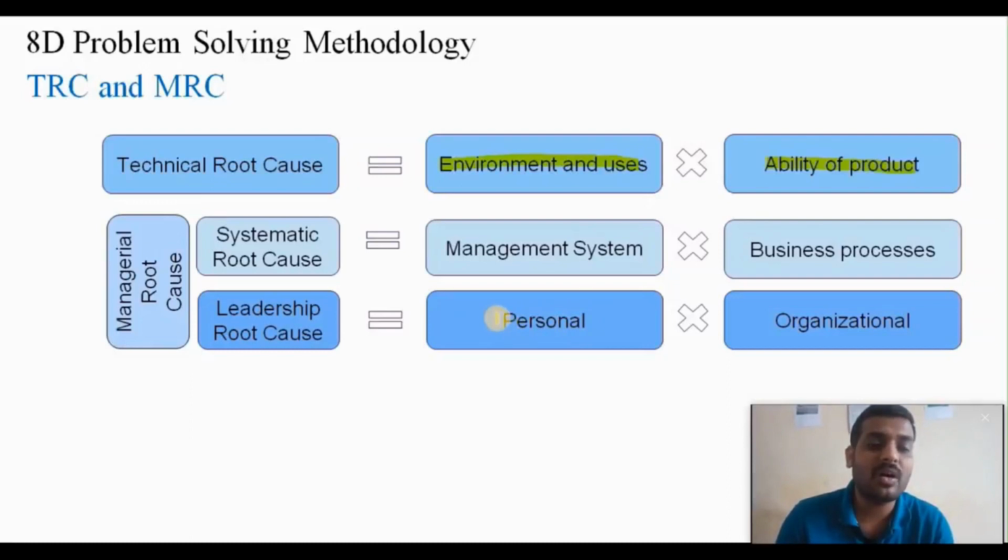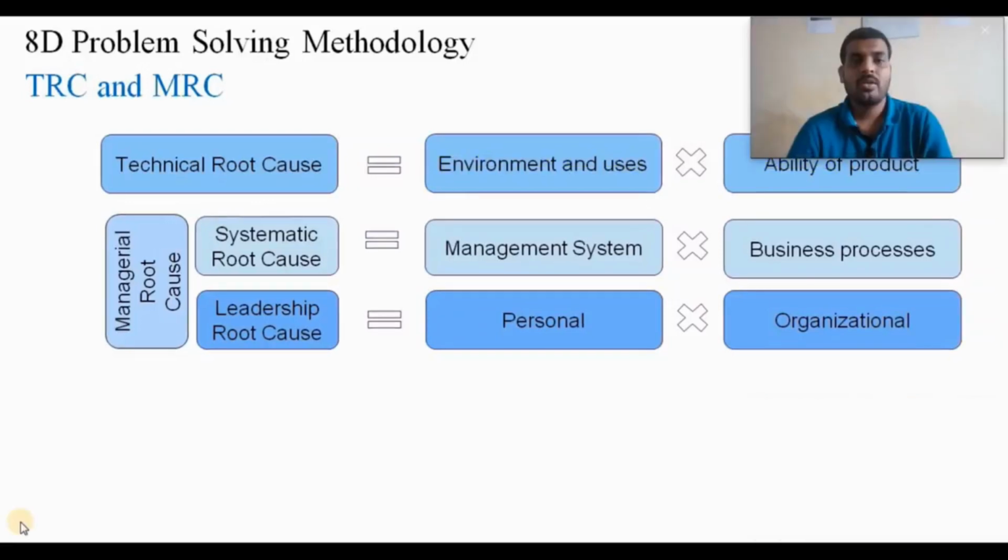Then organizational causes relate to how parts of the organization work together and how responsibilities are defined. For example, are they regularly conducting meetings between two functions? So this is about the managerial root cause.